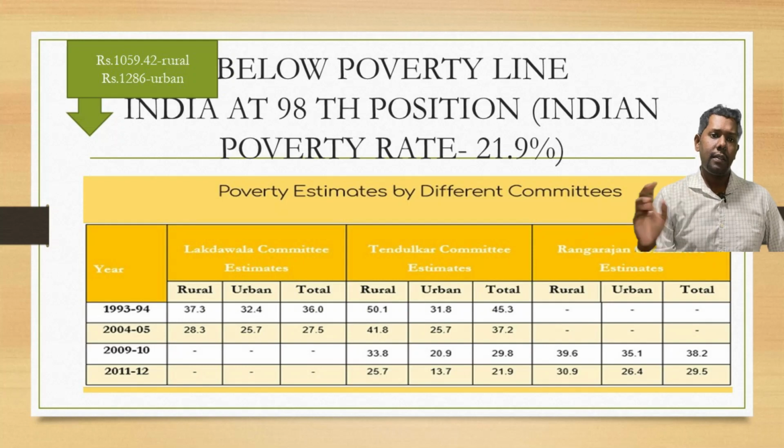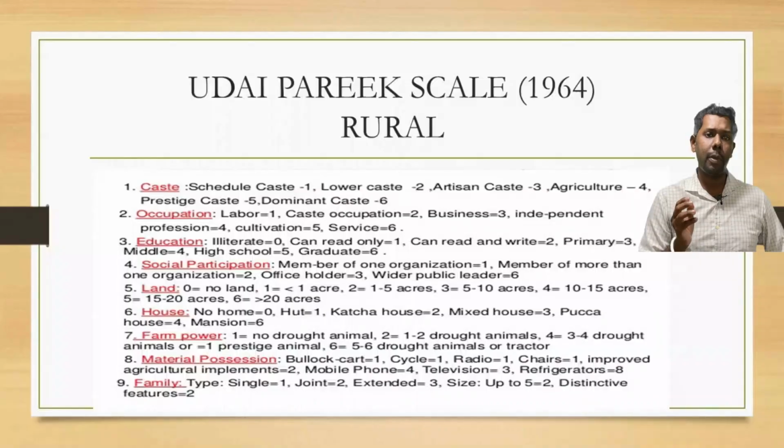Coming to the next classification, that is given by Parikh. It is based on 9 factors like caste, education, occupation again, and it is mostly useful for the rural population.